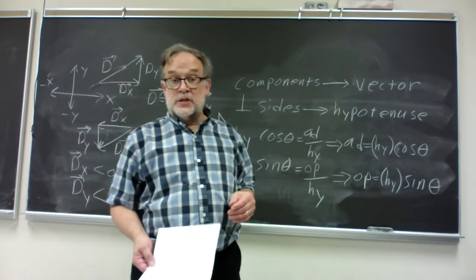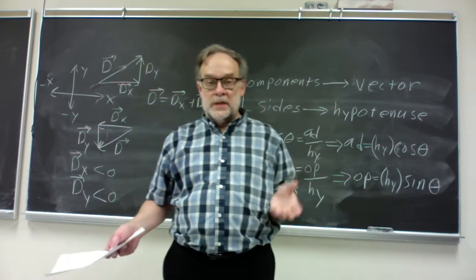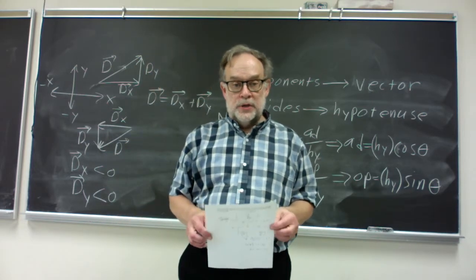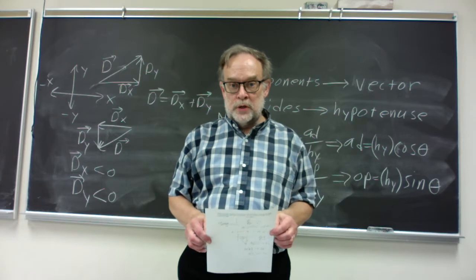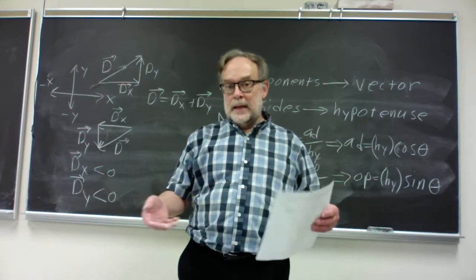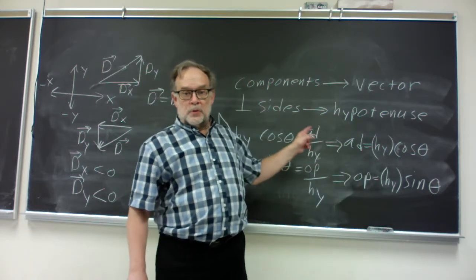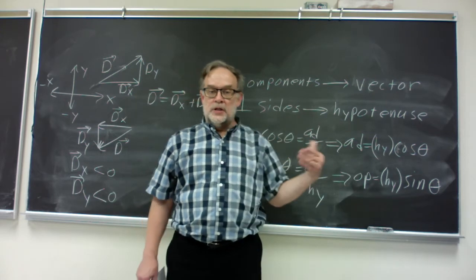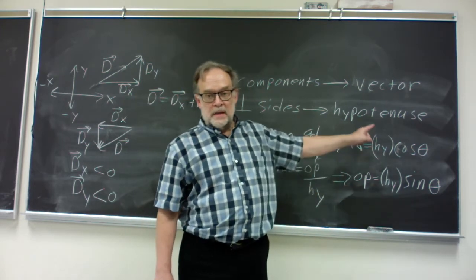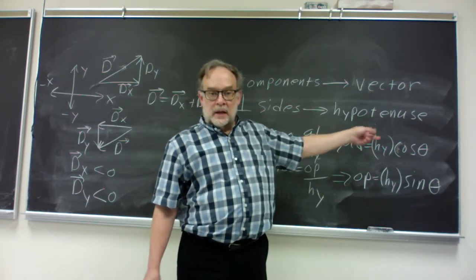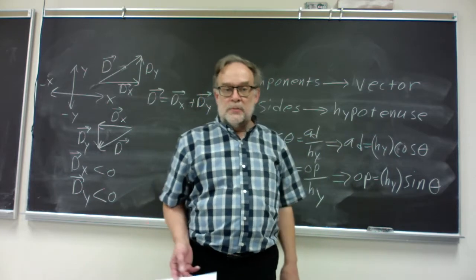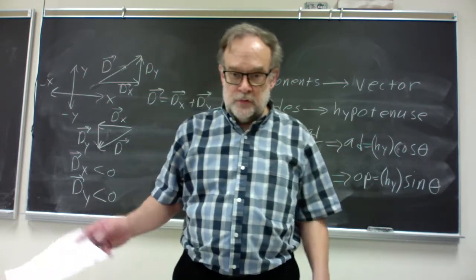Hypotenuse corresponds to the vector itself. The perpendicular sides correspond to the components. And the lengths of the perpendicular sides correspond to the magnitudes of the components, and the length of the hypotenuse corresponds to the magnitude of the vector itself.